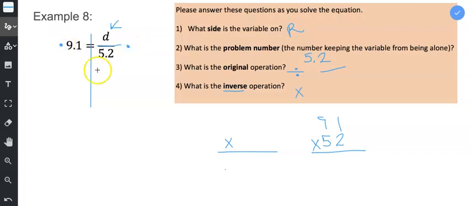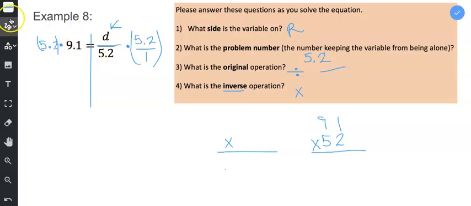You're going to want to multiply both sides by the number you're trying to get rid of. So we're going to multiply both sides by 5.2. On the right side, I need to write 5.2 as a fraction since I'm multiplying it by a fraction. On the left side, I can just record 5.2. I'm going to use parentheses so that we don't confuse the multiplication sign with the decimal.